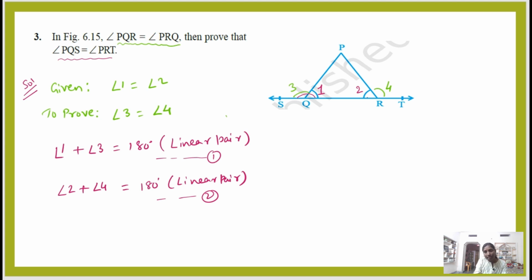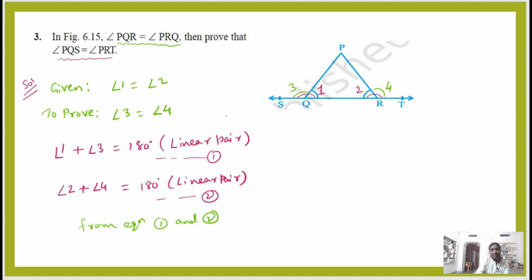From equation number 1 and 2, if you observe carefully, they have RHS equal. RHS equal, so left hand side should also be equal. So, equate LHS of both the equations.